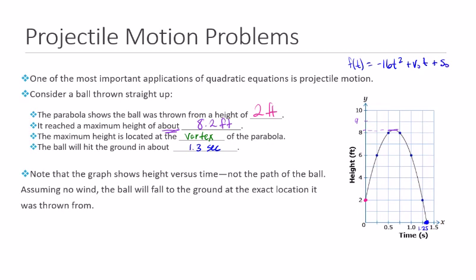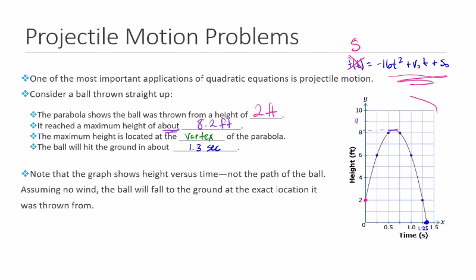Instead of f of t, we'll just call it s. So s represents height, s naught is initial height, and so forth. Before, we were able to plug in v naught and s naught, and sometimes s, and then solve for t.